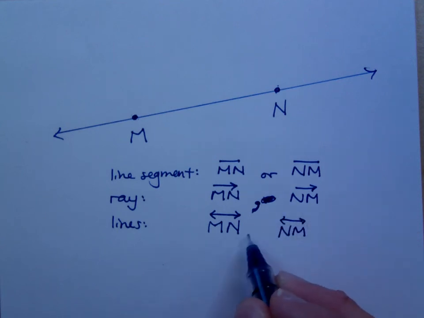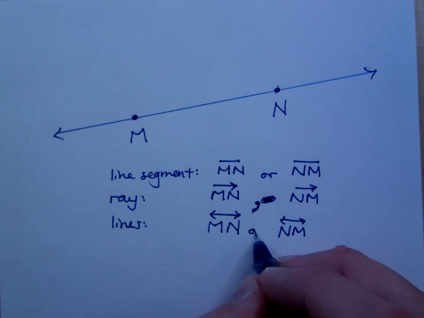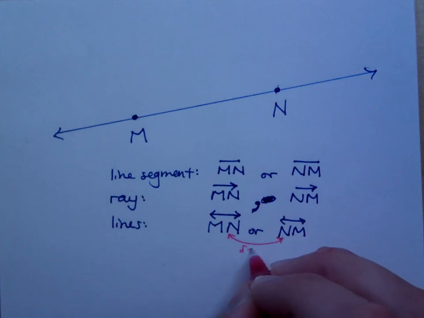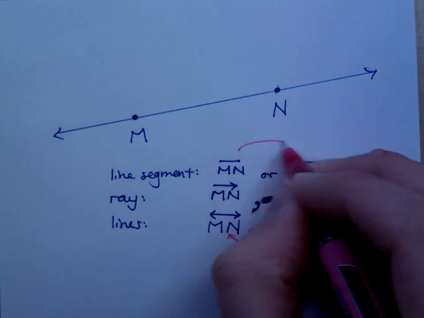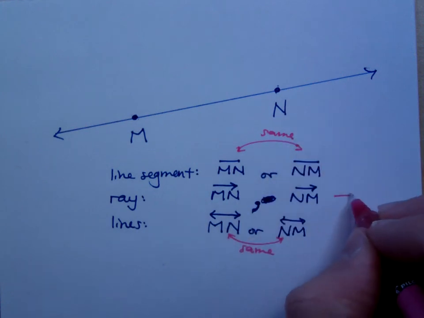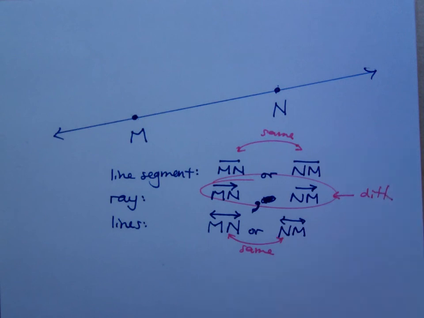Are these guys the same? Yes, because this is a line that goes on forever in both directions. So these guys are the same, but these guys right here are actually different constructions. Okay.